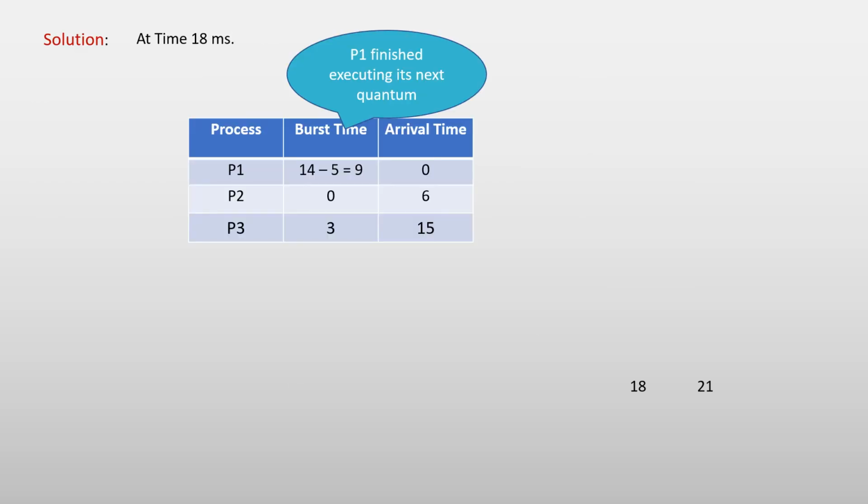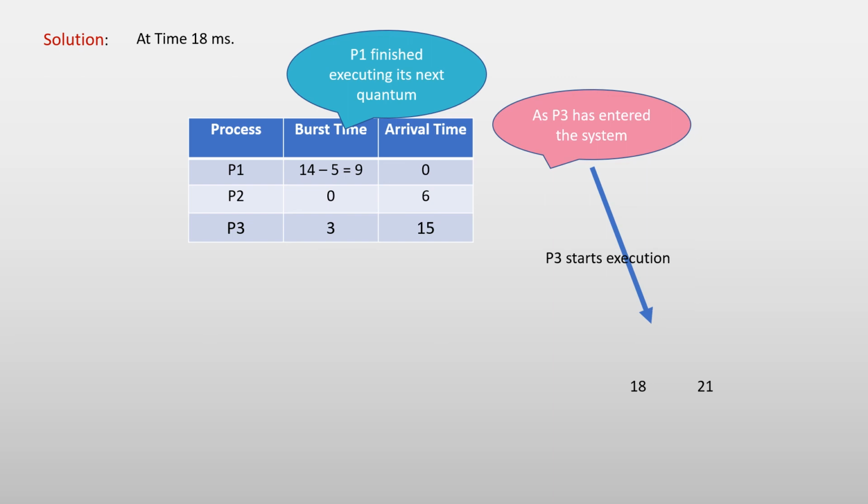At 18 milliseconds, P3 has arrived in the system, because its arrival time is 15 milliseconds. So the next time quantum is given to P3. P3 requires only 3 milliseconds to finish, so it finishes at 21 and leaves the system.